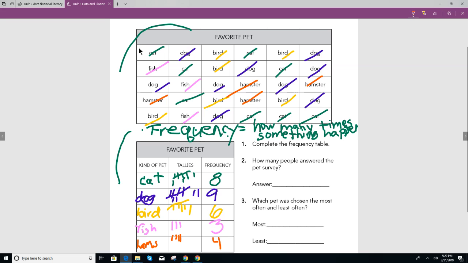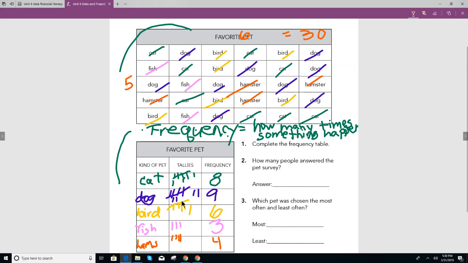All right, to make sure that I have included everybody, I'm going to go back up here and count how many I have. This is 1, 2, 3, 4, 5. There's 5 here, and 1, 2, 3, 4, 5, 6 across the top. So 6 times 5 equals 30. So I should have 30 different tally marks.